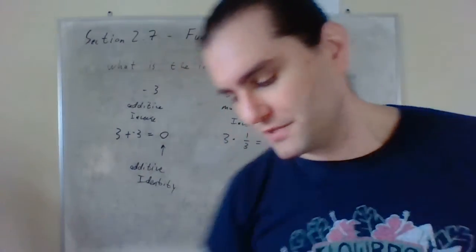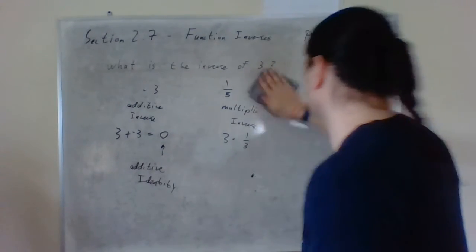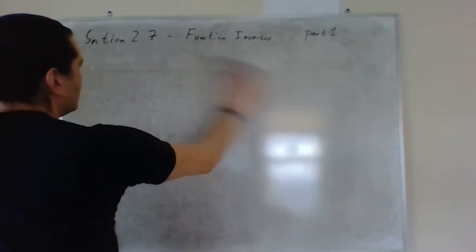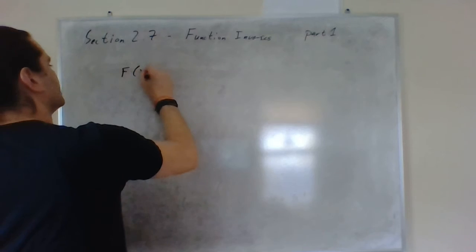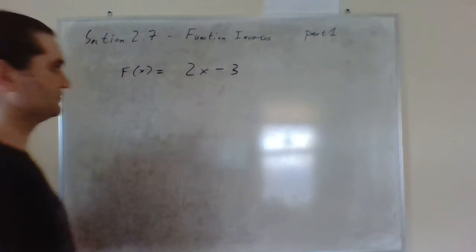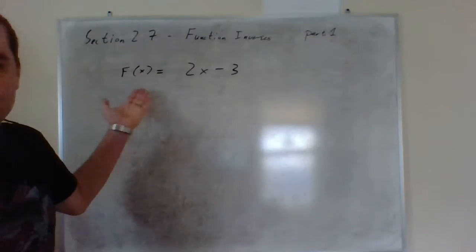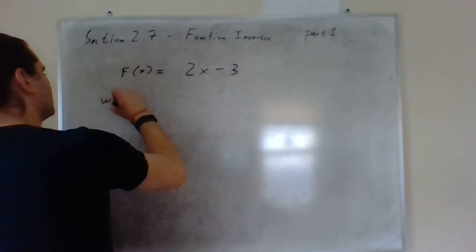Now let's take a moment to talk about functions. Let's say I have a function f of x equals 2x minus 3. This is a nice little function. It does things. What is the inverse?